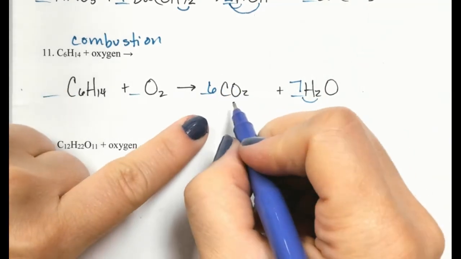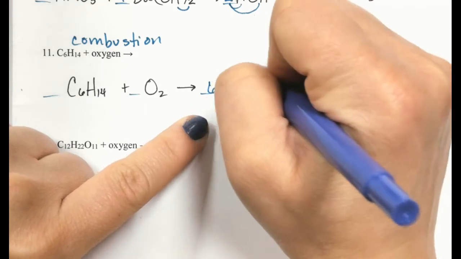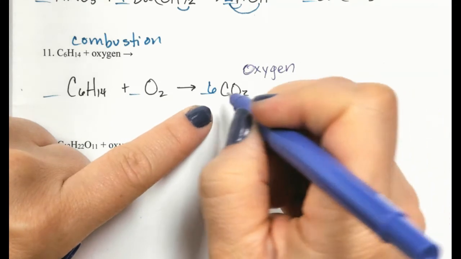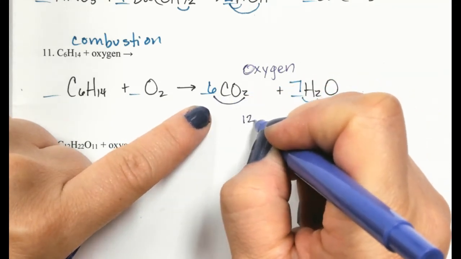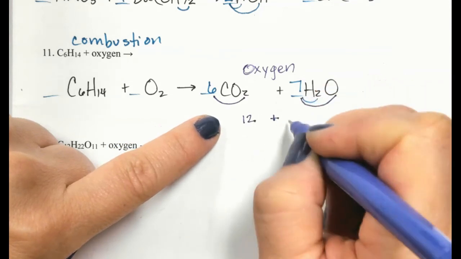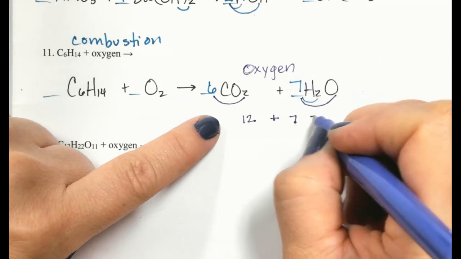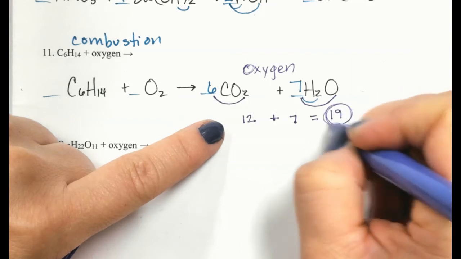So on the right side of the equation, we have 6 times 2 is 12 plus 7 times 1 is 7 oxygens total, which is equal to 19 oxygens.